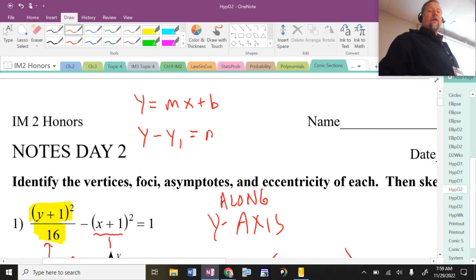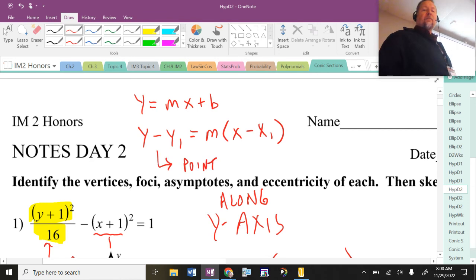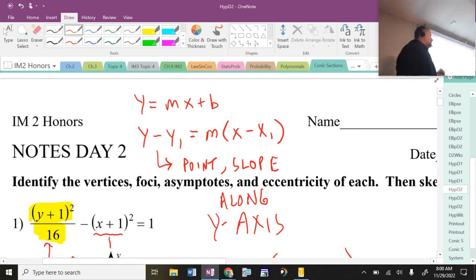Y minus y1 equals m times x minus x1. This is really an equation of lines that you should have in your toolbox. This is called point slope form, because that's what you need. You need a point that the graph crosses through and the slope of the line.